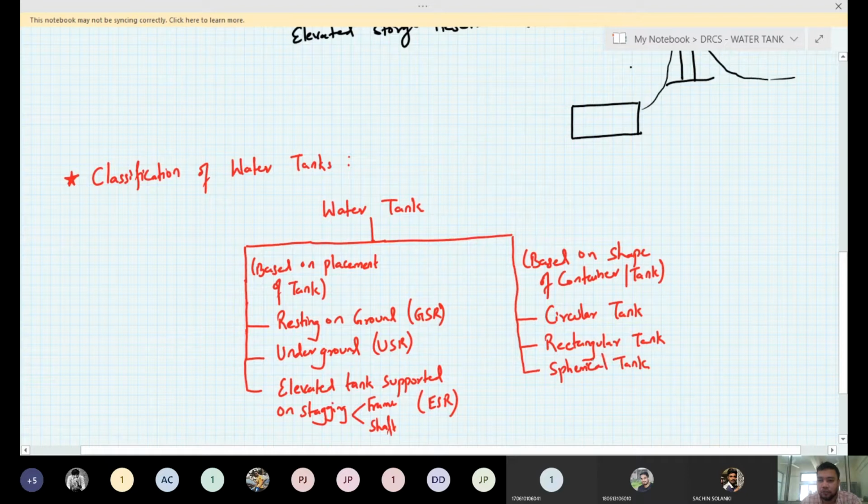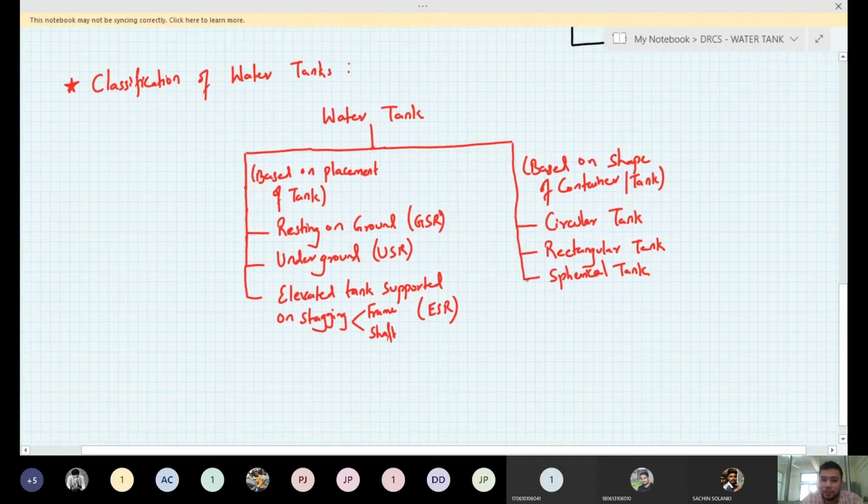Though spherical tanks are not popular in concrete structures, we can find them for steel tanks. Then the Intze tank, which is commonly used for elevated storage reservoir. Then we can have circular tanks with conical bottom. So this is the classification of the water tank.